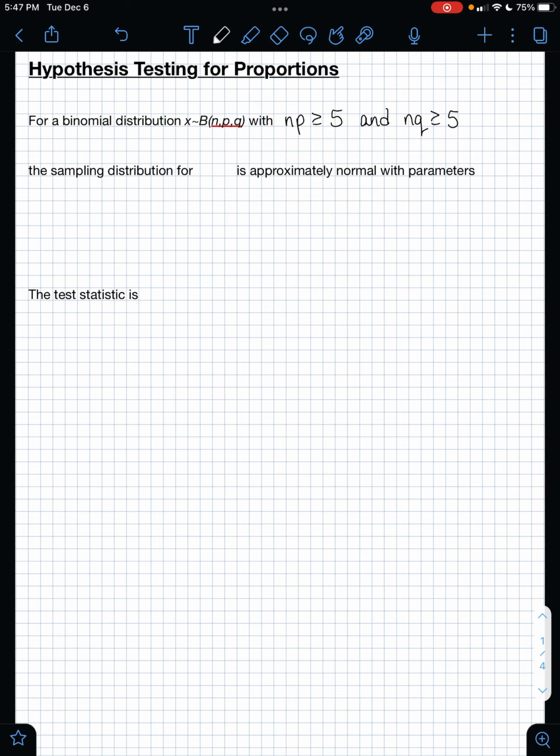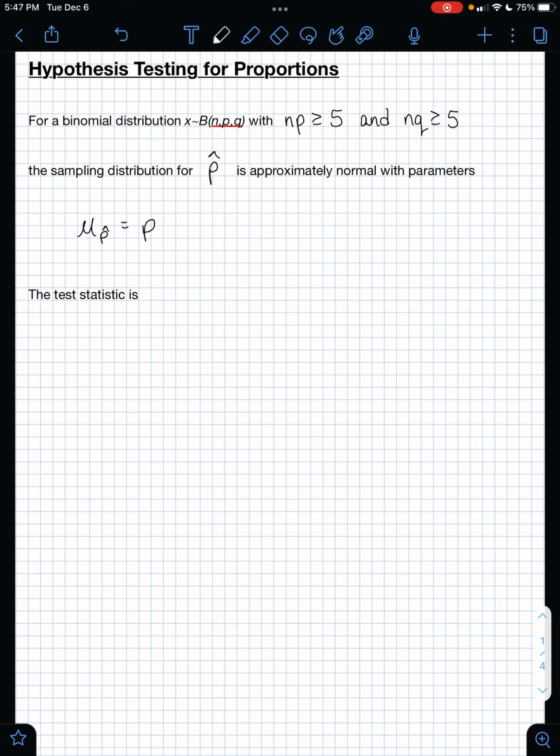The reason these things are important is that sampling distributions for proportions follow the rule that if the underlying distribution is normal or approximately normal, then the sampling distribution will also be approximately normal. So the sampling distribution for p hat is approximately normal with parameters: mu of p hat is equal to p.